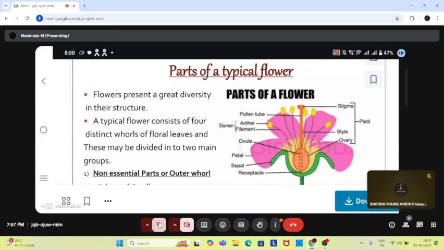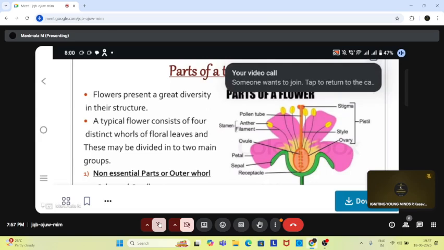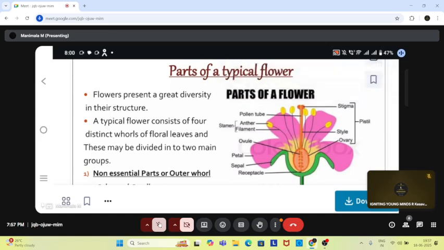The essential parts are the parts involved in reproduction, the two innermost whorls, the male and female reproductive parts.